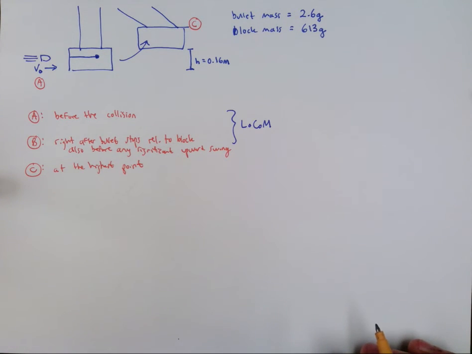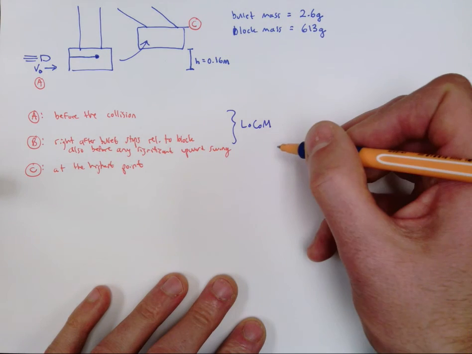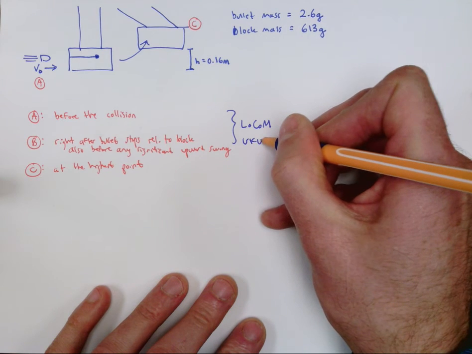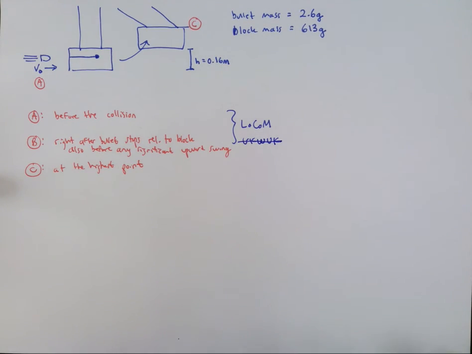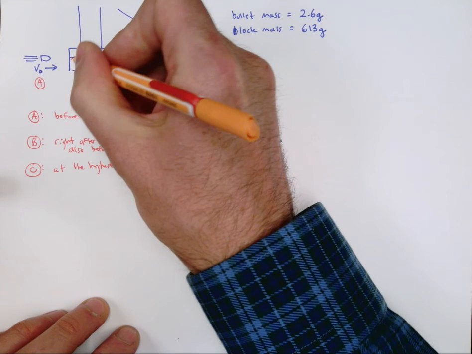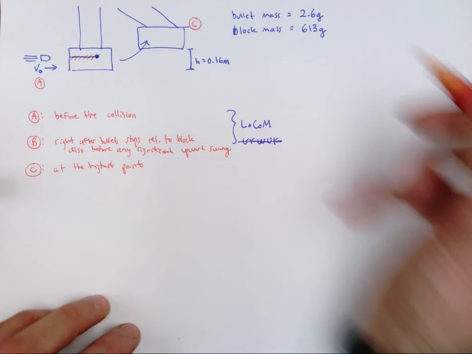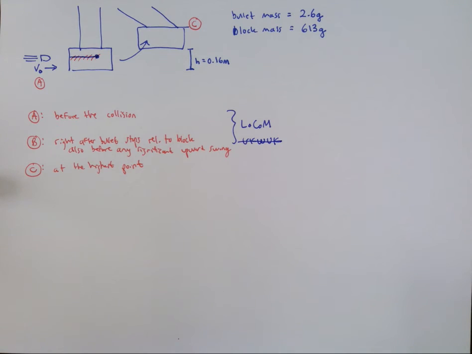Now here's something that's extremely important. It's extremely difficult to use the law of conservation of energy, what I call UCWC, during this time. The reason is, as the bullet penetrates into the block, there's a lot of force that's a non-conservative force.